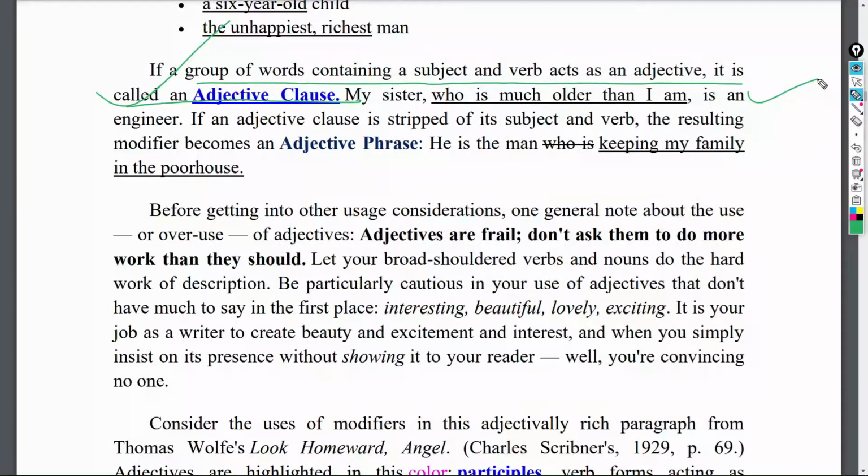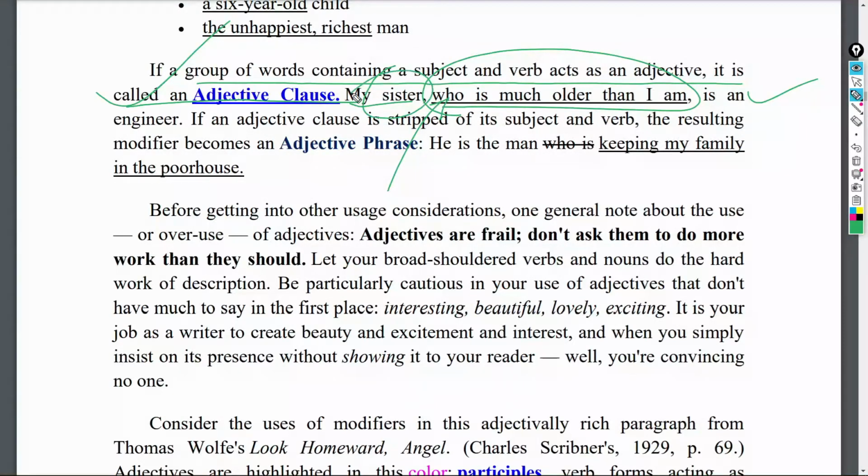Now see, the full sentence is my sister, who is much older than I am, is an engineer. Now, my sister is an engineer who is much older than I am. So this one is the subordinating clause, and this part actually is related to whom?